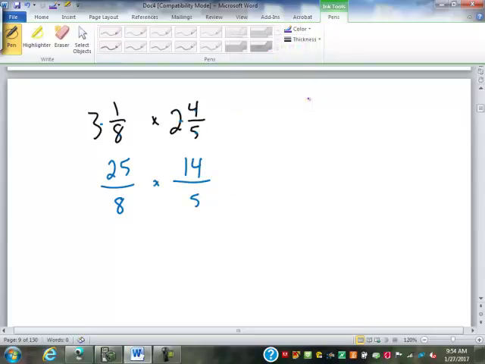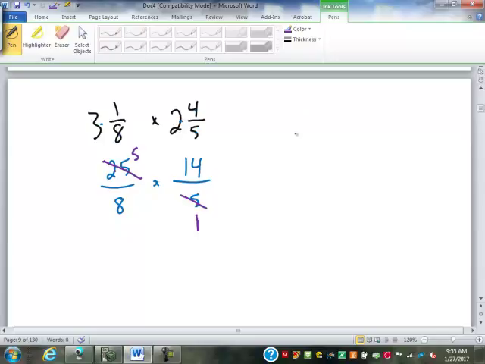Now what? Yep, we can. So what can we cross out? 5 and 25. 5 and 25 divided by 5. Good. 5 divided by 5 is 1. 25 divided by 5 is 5.